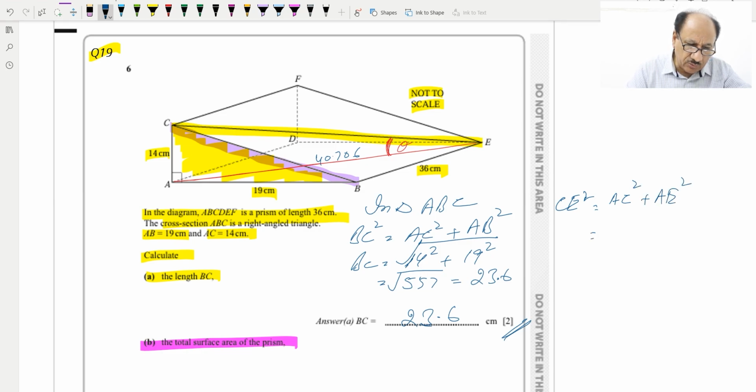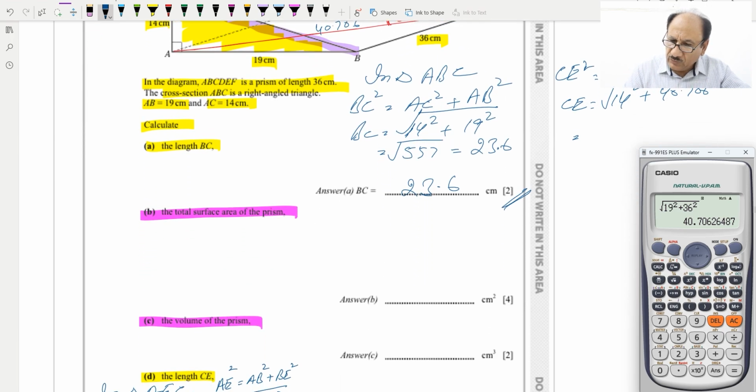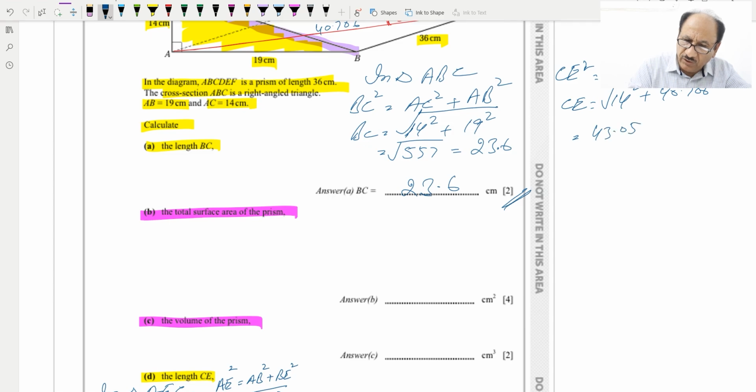AC is 14, so CE is the square root of 14 square plus 40.706 square, and this will be equal to 43.05.